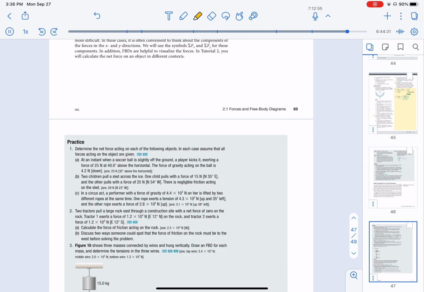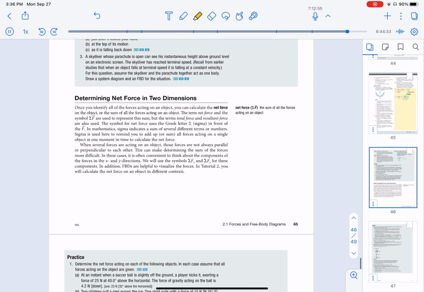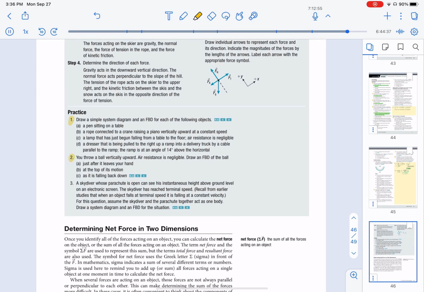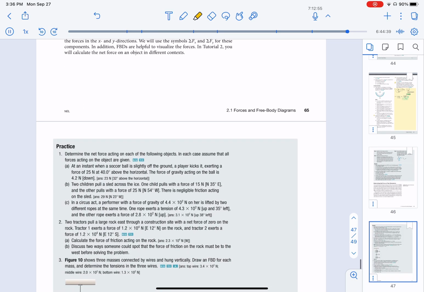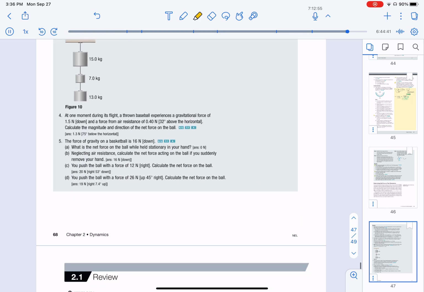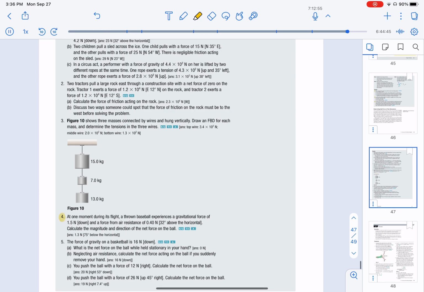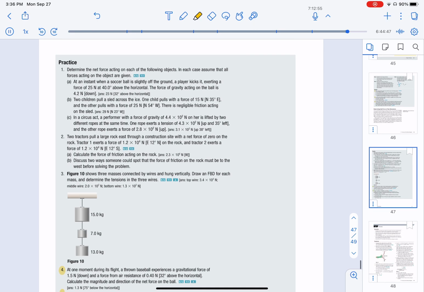You're stationary, the normal force is balanced out with the force of gravity, and that's it. You don't have friction acting on you right now because you're not trying to move anywhere, you just have two forces.